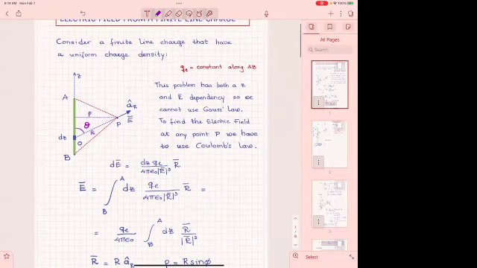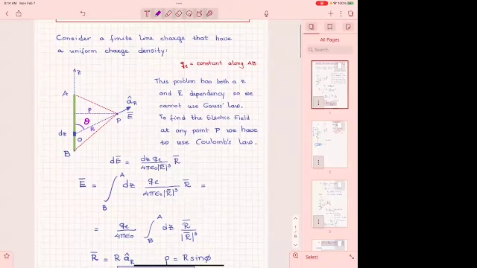I will use Coulomb's law to solve the problem. First of all, I find the distance of point P, where I am, not from the whole segment, but for Coulomb's law, which is here.